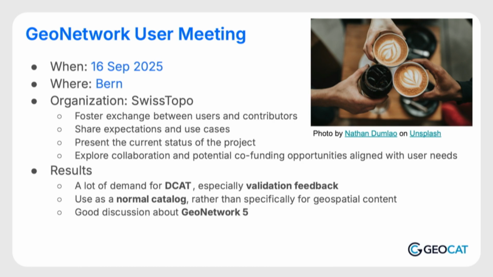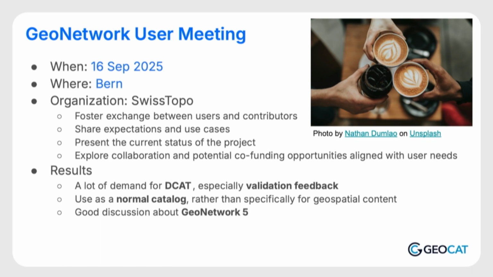We also had a GeoNetwork user meeting organized by Swiss Topo, and this is something I really like about the GeoNetwork community, that they get together, listen to each other, and set some roadmap and development priorities for the year ahead. Things that were very much of interest to the GeoNetwork community was DCAT, which we'll talk a bit about in this presentation. Especially they were interested in getting validation feedback when editing their records. Are we missing anything that's needed when we publish a DCAT?